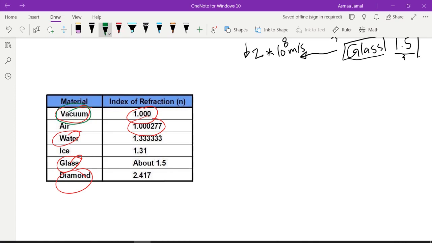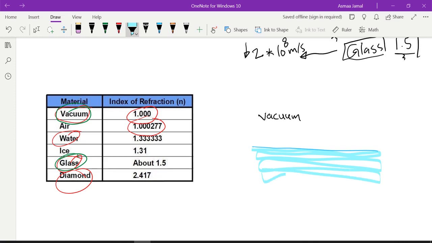Let's take the vacuum and the glass for example. That's the vacuum, and here is our glass. Here the refractive index is 1 and here almost 1.5, which means the glass is denser than the vacuum, and vacuum is rarer than the glass.